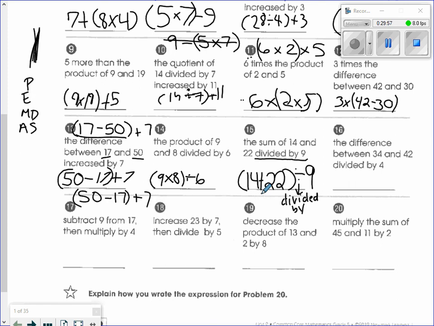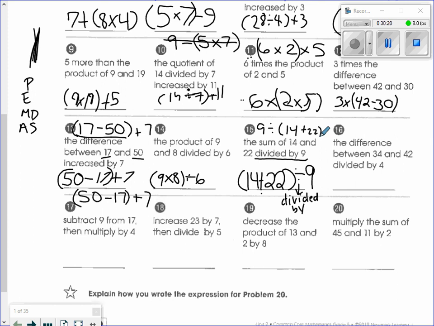If we put the 9 in the front, that would be 9 divided by the sum of 14 and 22. Would that give me the same answer? No. So can we switch it?